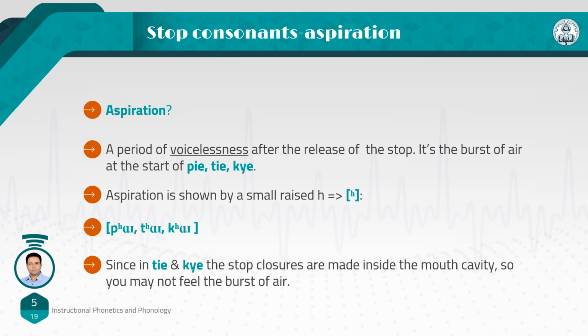A period of voicelessness after the stop is called aspiration. If you put your hand in front of your lips while saying pie, you can feel the burst of air that comes out during the period of voicelessness after the release of the stop. In a narrow transcription, aspiration can be shown by a small raised h, as you can see in the examples.